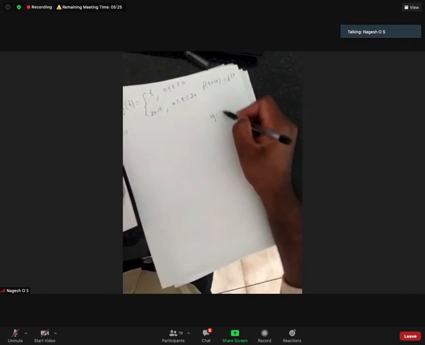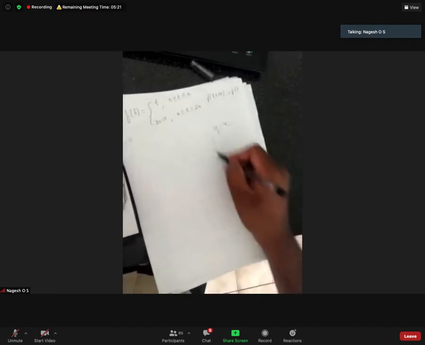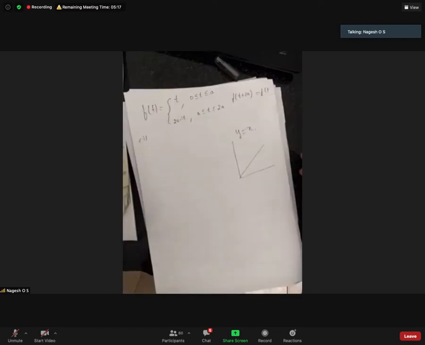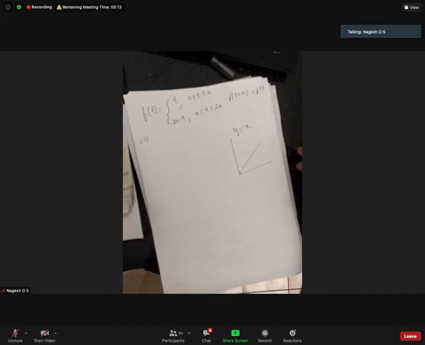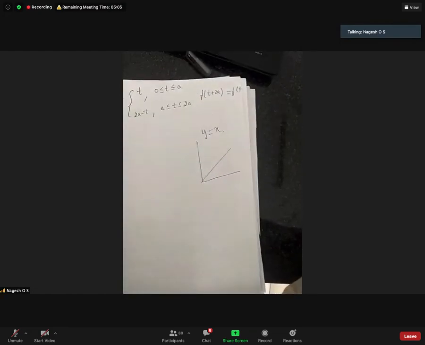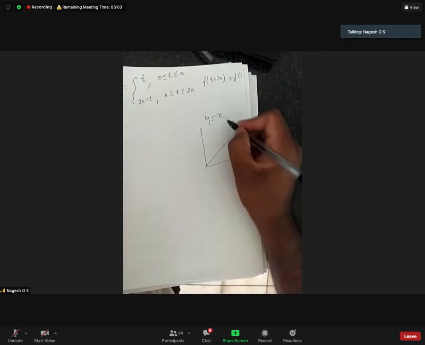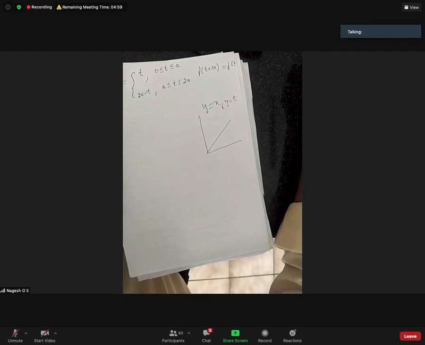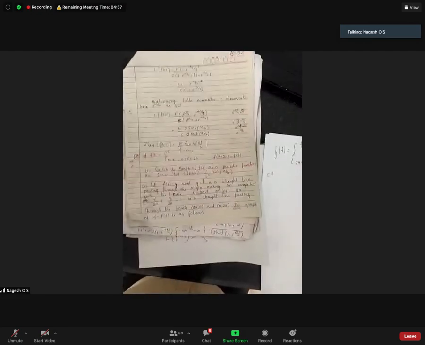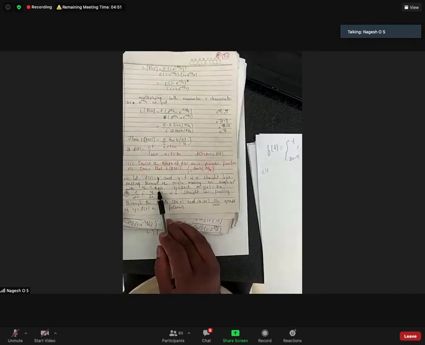You know, y equals x means this graph. So here also y equals t means the same thing. You will get a graph like this. Y equals x or y equals t, passing through the origin, making 45 degrees with the t axis.